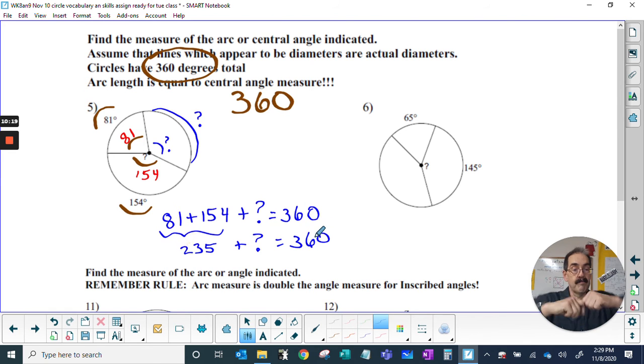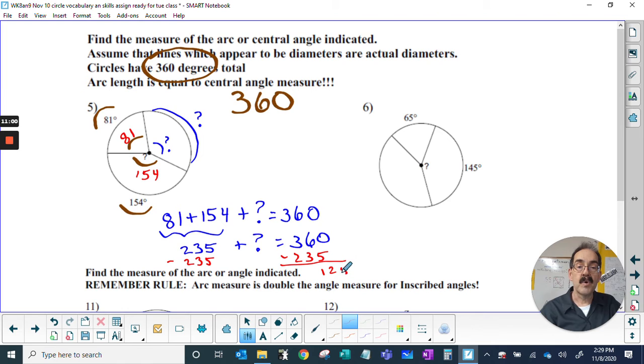Okay, now remember, I'm an equal sign, got to keep it balanced, right? So we're going to subtract the 235, subtract the 235, and we get 125 degrees. Okay, now you try one.